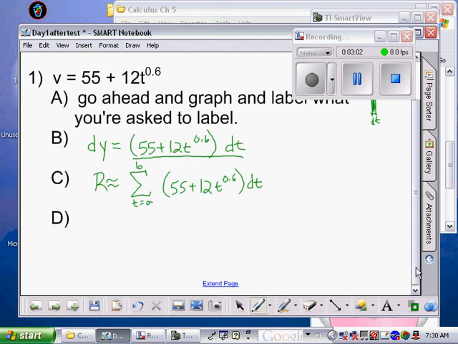So if I am now saying I'm going to take the limit of this expression in C, what does taking the limit change our sigma to down here? The integral from A to B of 55 plus 12t to the 0.6 dt. And that is actually area equals that.